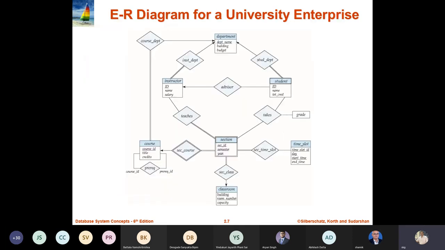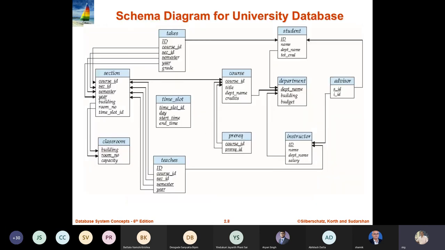So what we are trying to do is come from this ER model to this representation of a schema model.